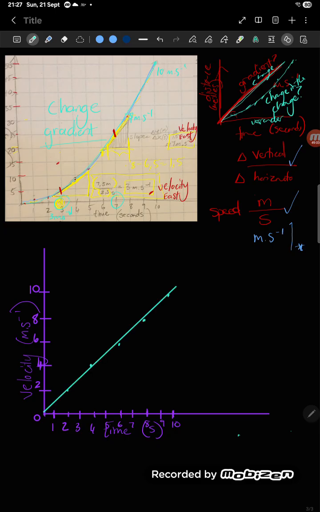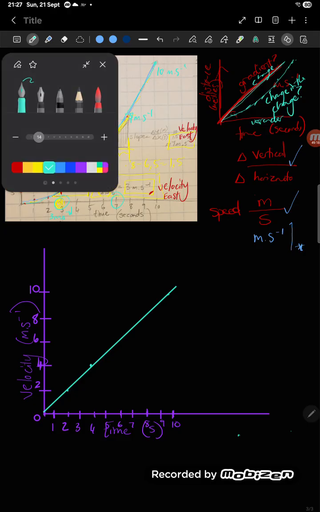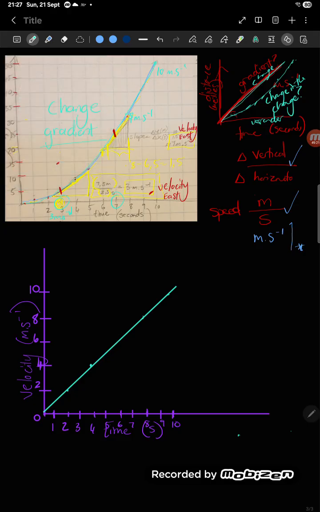Pretend I do this really well, and pretend those dots are perfect. What can you see here? This is a perfectly straight line for our Hansel and Gretel.